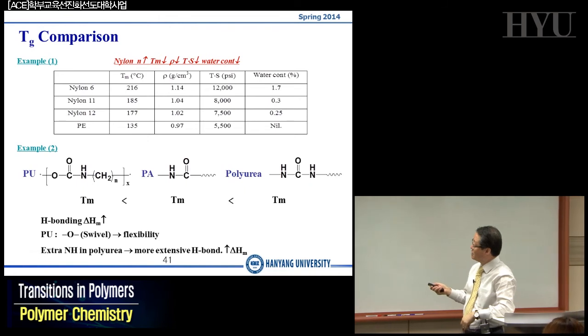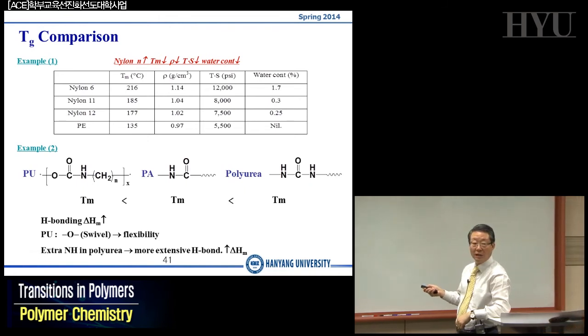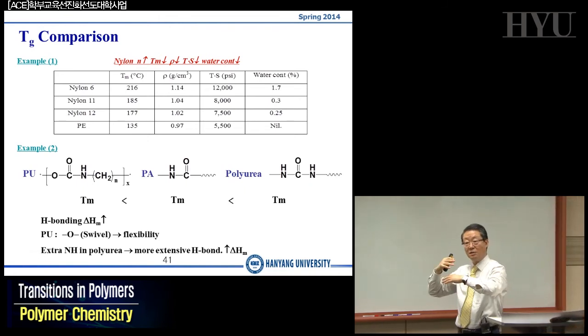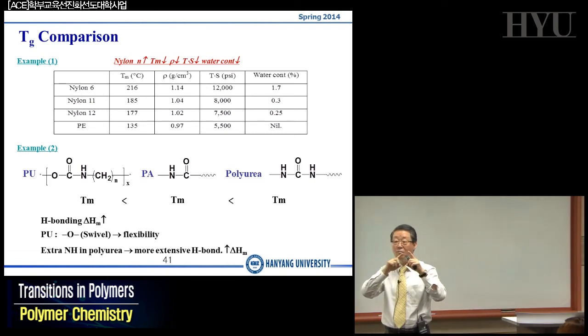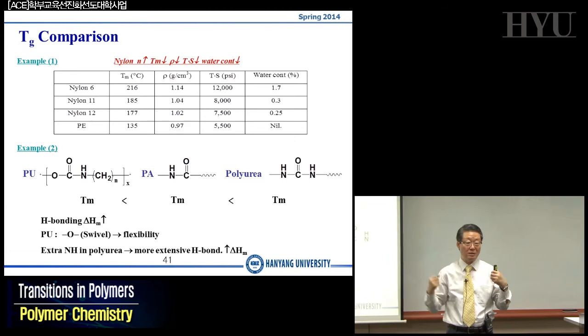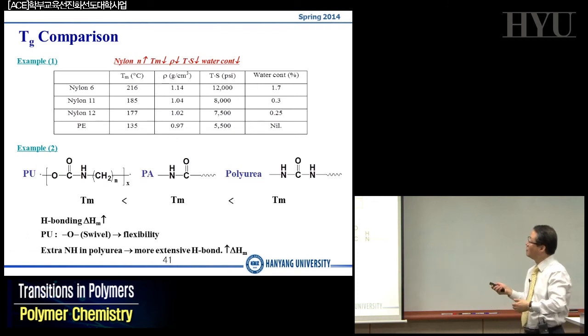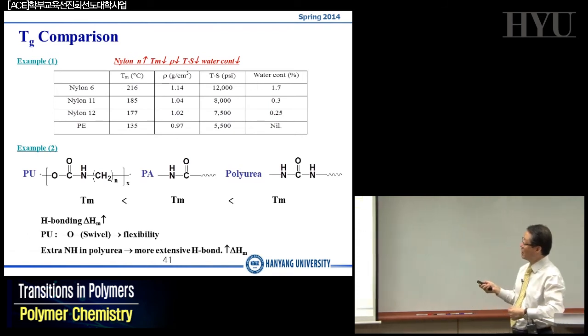Therefore density decreases. Density is defined as how many molecules you have within a given space, gram per cubic centimeter, right? Mass per volume.